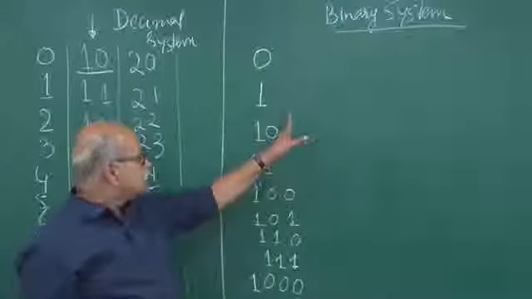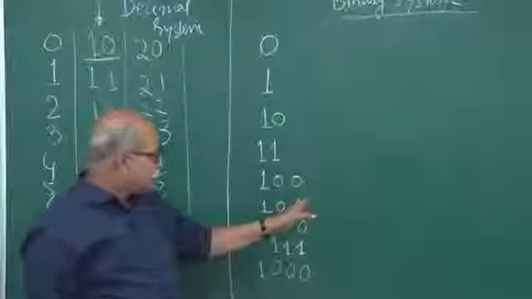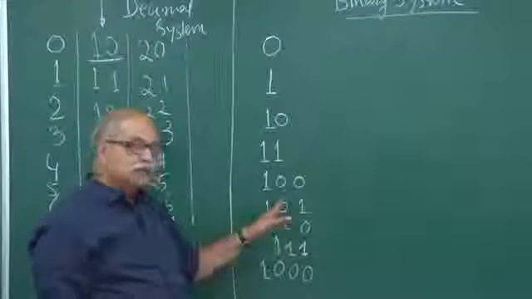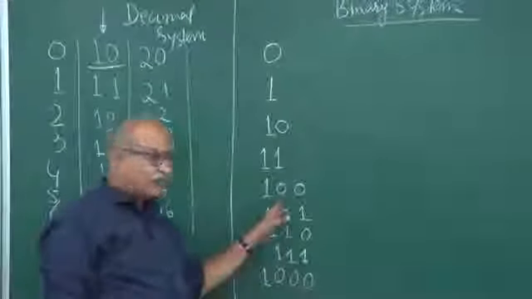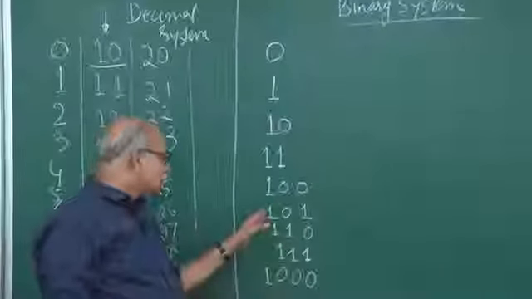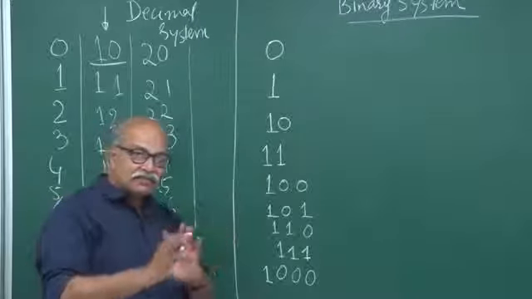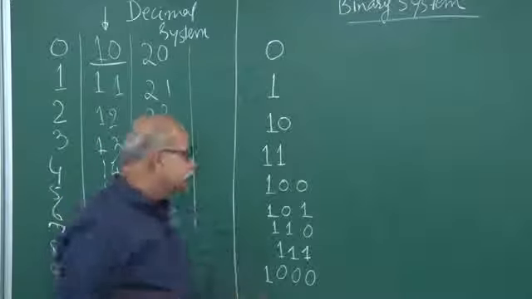So, the place value system is still there. You have that unit place, and not tens place, this will be 2's place, and then this will be 2 squares place, and this will be 2 cube place, and so on. So, you can have that conversion, that numbers.